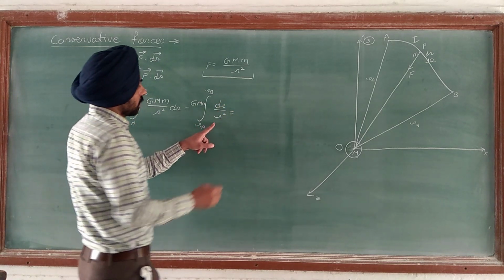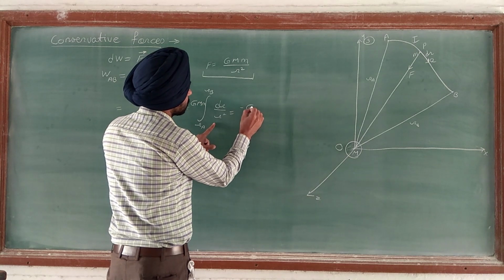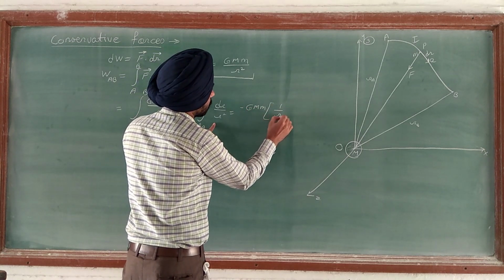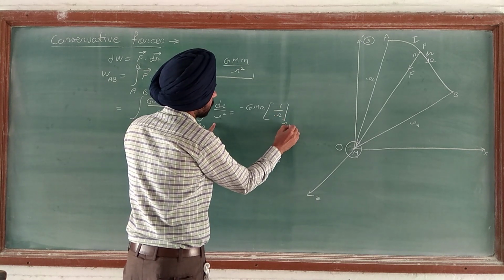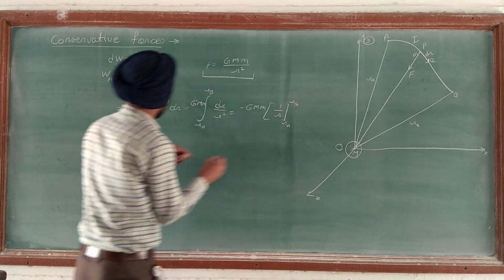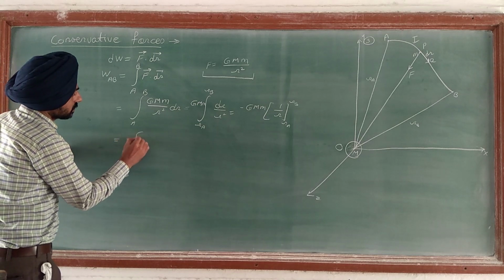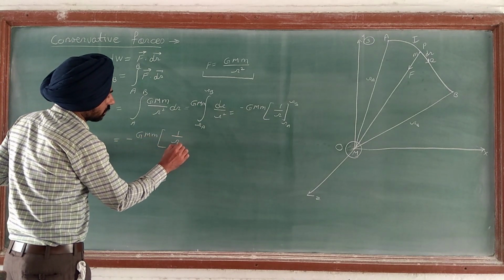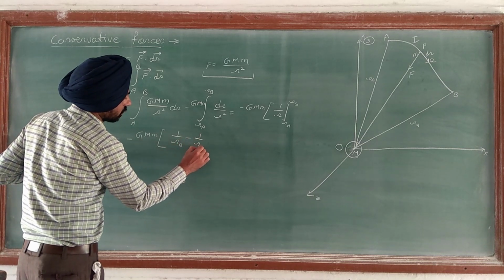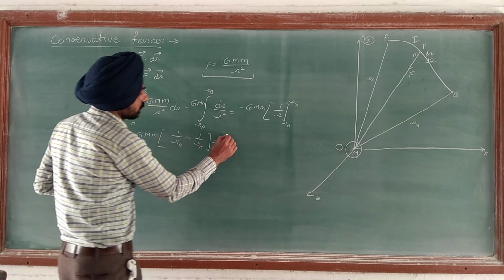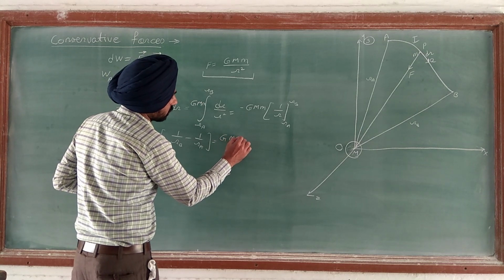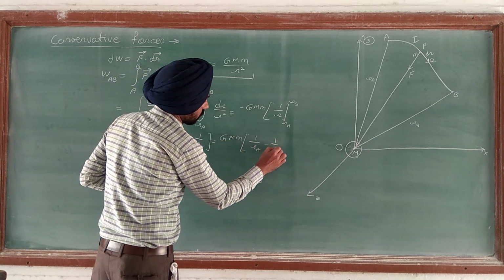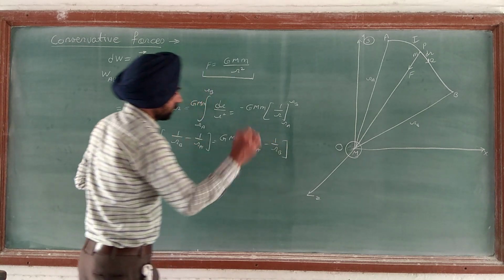The integration of 1 upon r square is minus GMm into 1 upon r, with limits Ra to Rb. So it will be minus GMm times (1 upon Rb minus 1 upon Ra). Finally we have GMm times (1 upon Ra minus 1 upon Rb).